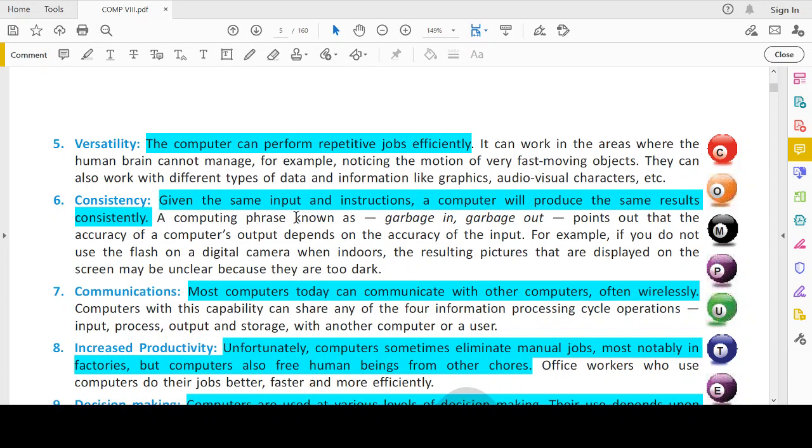A computing phrase known as garbage in, garbage out points out that the accuracy of computer's output depends on the accuracy of its input. If you do not use the flash on the digital camera when indoors, the resulting pictures that are displayed on the screen may be unclear because they are too dark. What happens when there is no flash in the dark room? You are taking a snap.